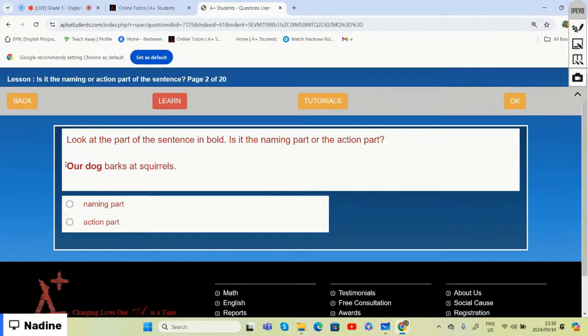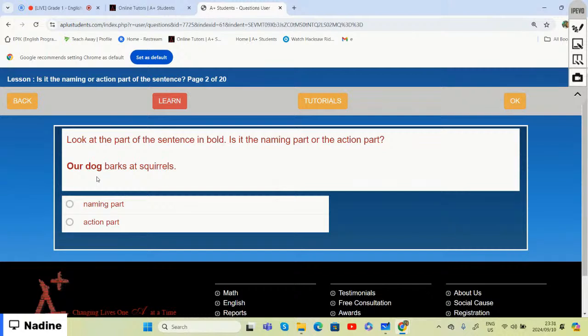All right, look at the next one. We need to say if the word in bold, which is our dog, is a naming part or an action part. Our dog barks at squirrels.